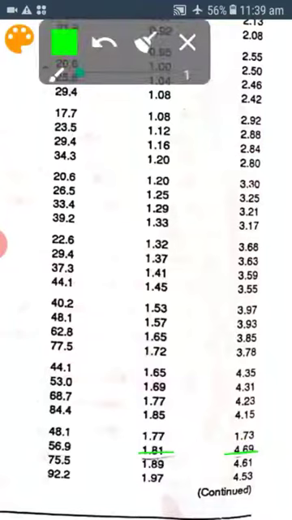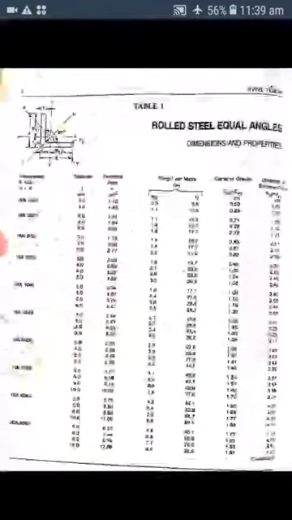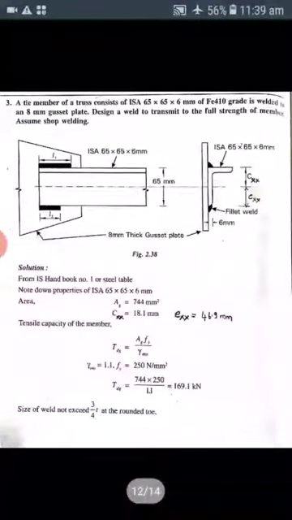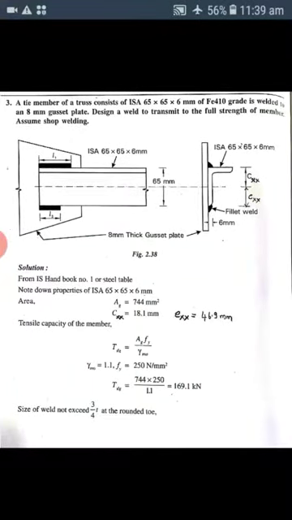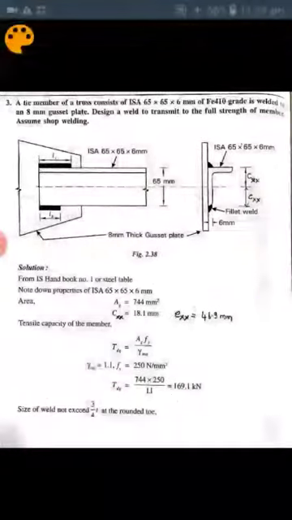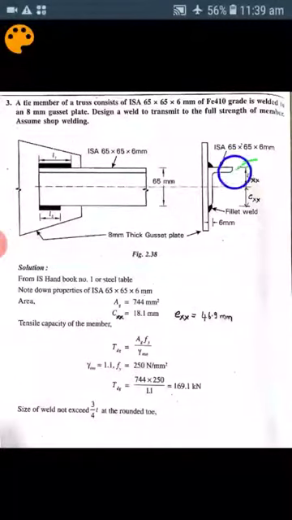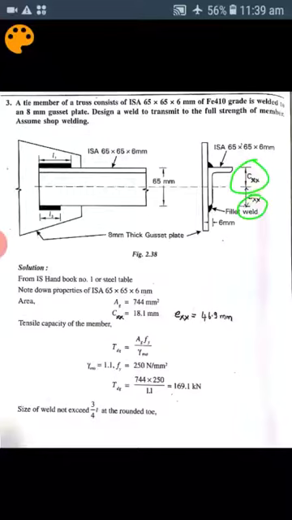These two things, Cxx and Exx, are to be taken from the steel table, as well as the area. Cxx is the centroid where the load is acting, and that is to be taken and marked in the section here.